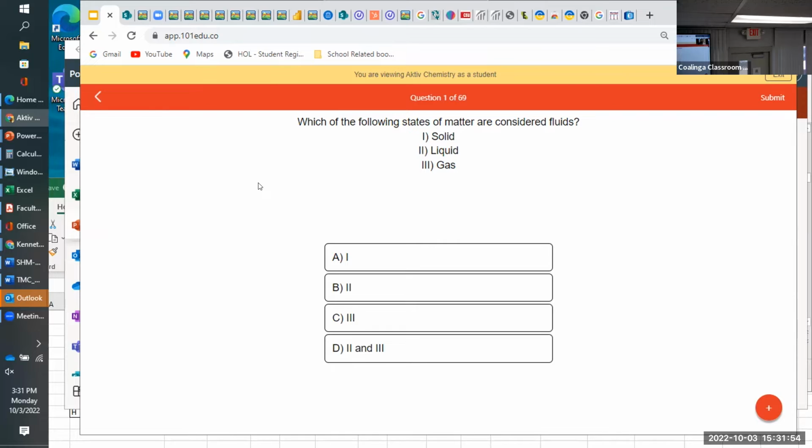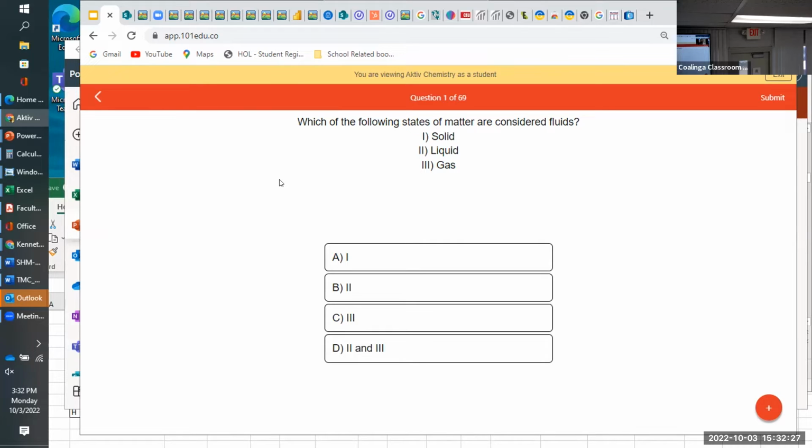I take so long to make these tests. How many questions is it total? This one is 69. This is the practice test. I gave you more questions for your practice test than the real one, just in case, because I wanted to make sure that you were able to finish in a timely manner, even though she tells me that I need to put more time.